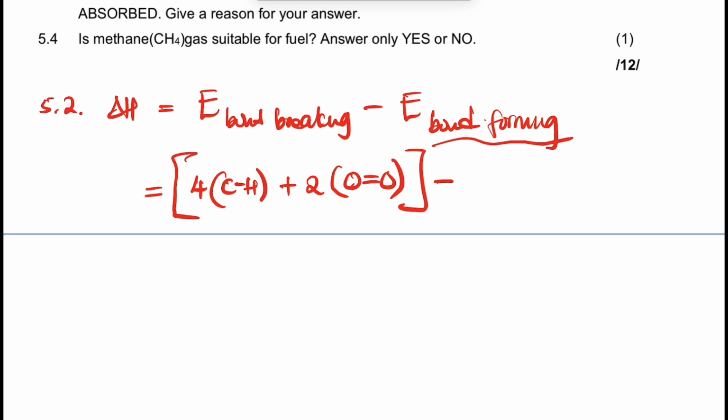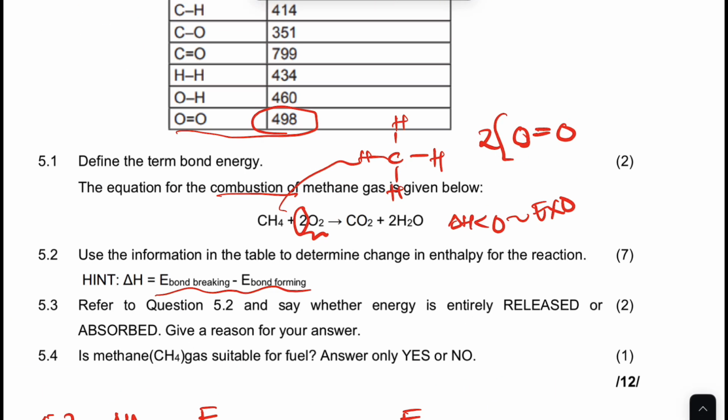Then we go to the energy released, which is the carbon dioxide. Carbon dioxide has C as the central atom and 2 oxygens. So how many bonds?